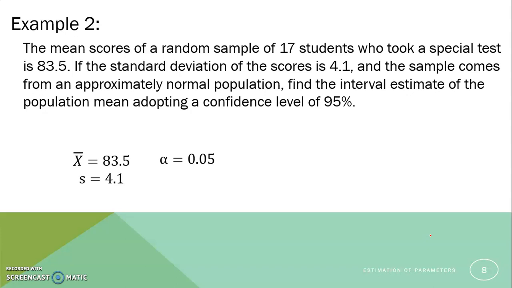Okay, so ato ang gyapon ni siyang subton and take note of the given. So we have already the sample mean which is given by 83.5, our sample standard deviation 4.1, our alpha or the level of significance is 0.05, no? And then we have n which is the number of sample, so 17 kabuok.